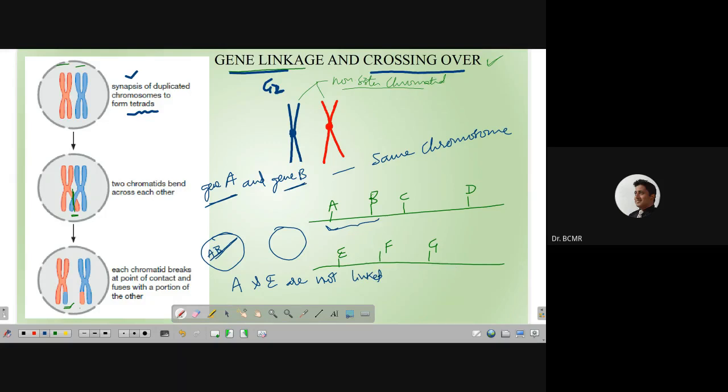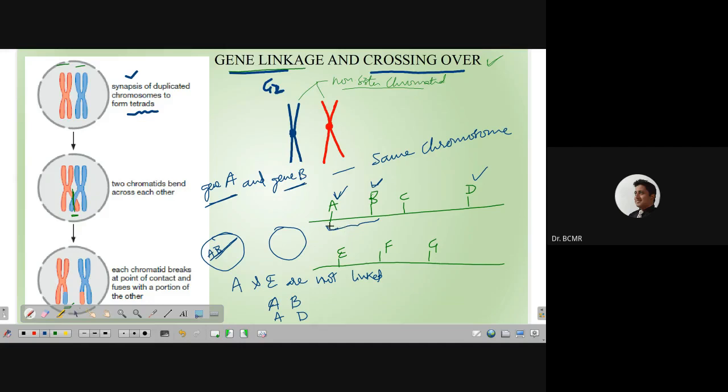Now, there is one more thing I have to say: we can also make some more comparisons. Gene A is more linked to gene B than it is linked to gene D. Of course, gene A and gene D are linked, and gene A and gene B are also linked. But which ones are linked more?